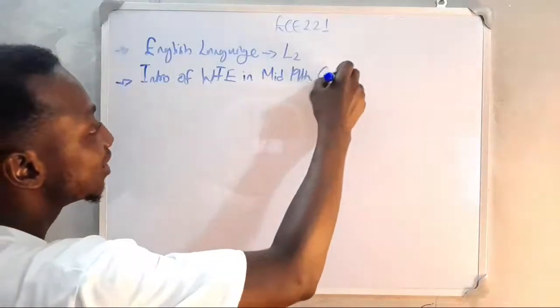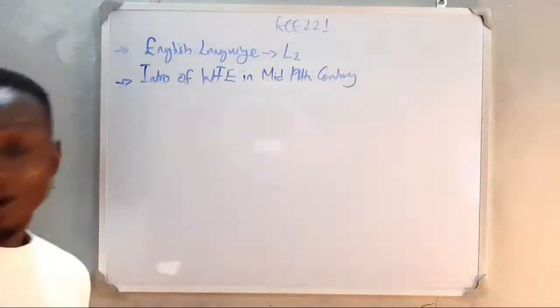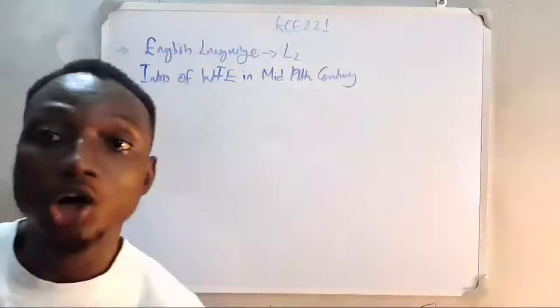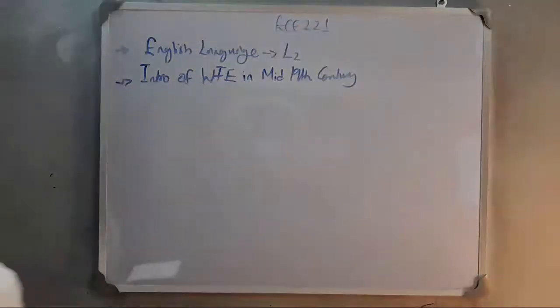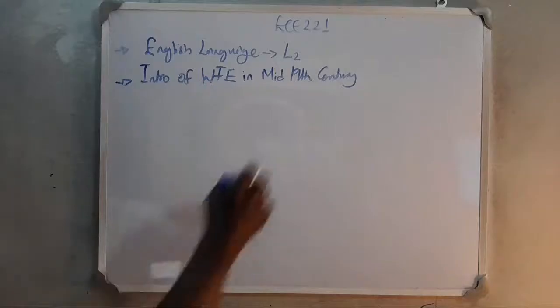The introduction of Western formal education in Nigeria in the mid-19th century, when the first primary school was established in Badagry.